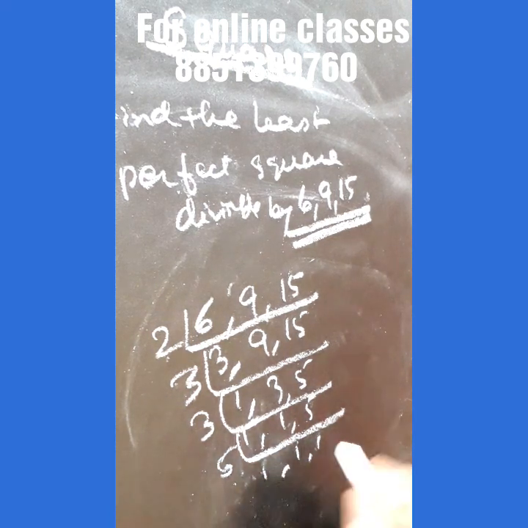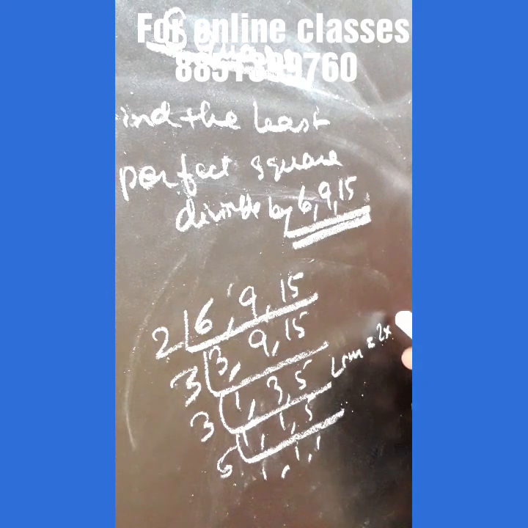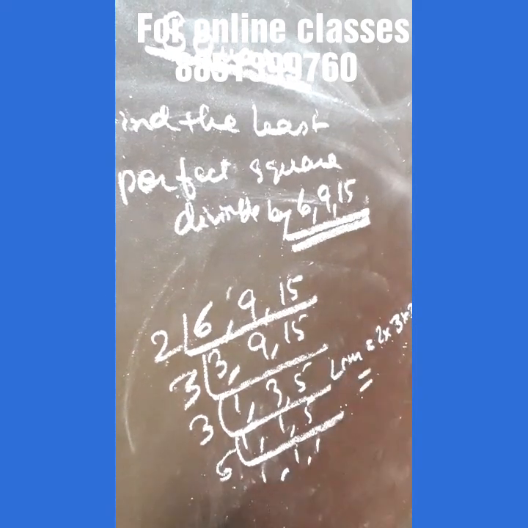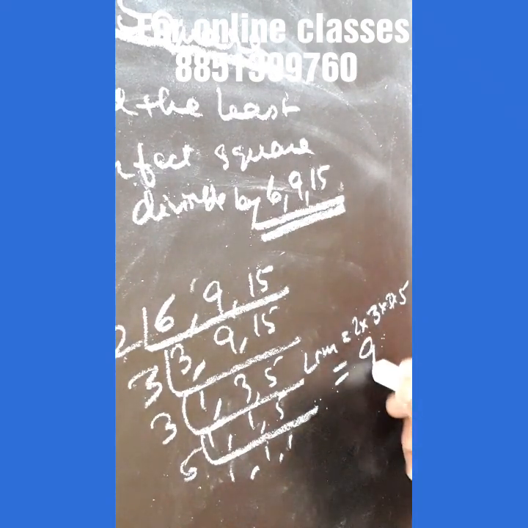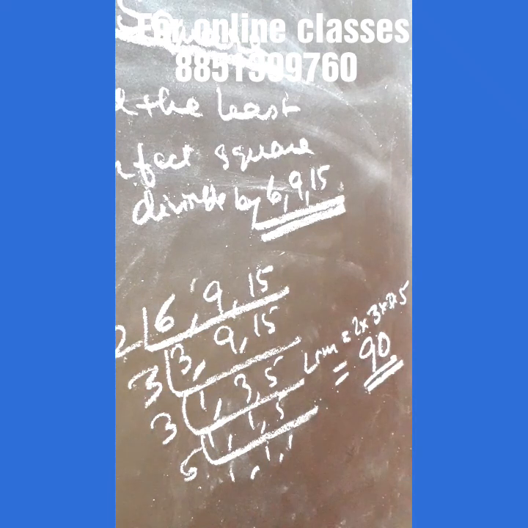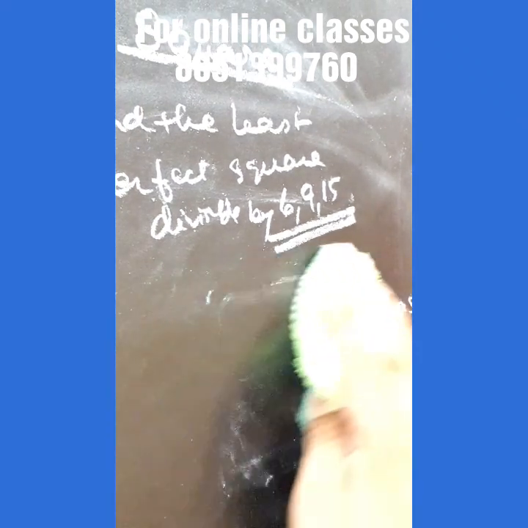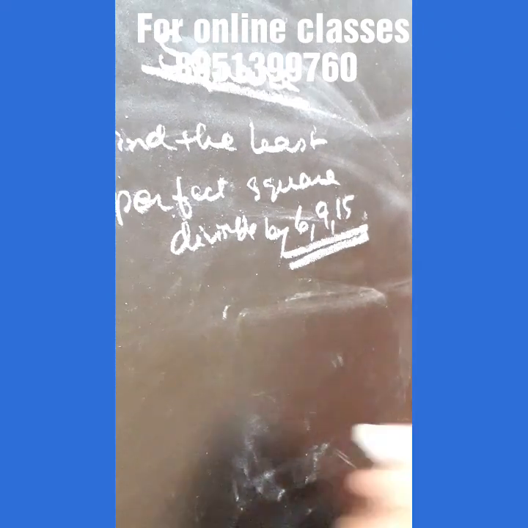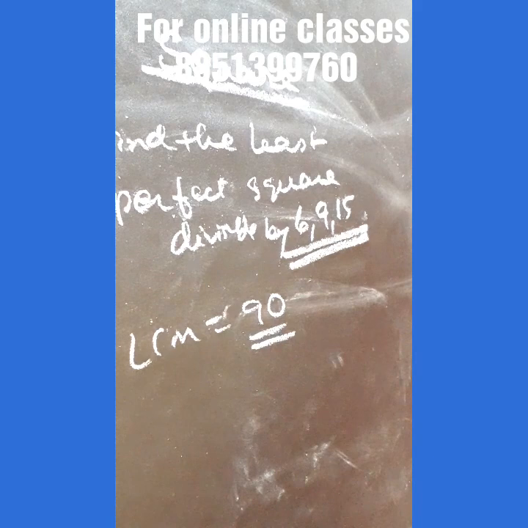LCM here we have 2 into 3 into 3 into 5 is equal to 90. Now 90 is not a perfect square. We have got LCM equal to 90, but the LCM is not a perfect square.